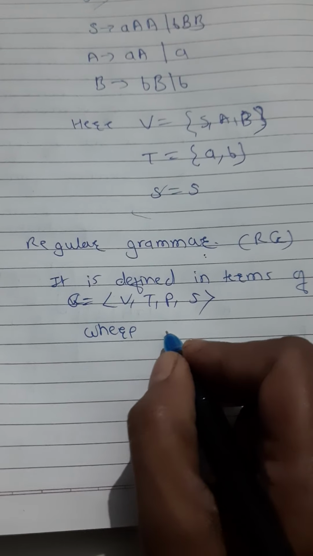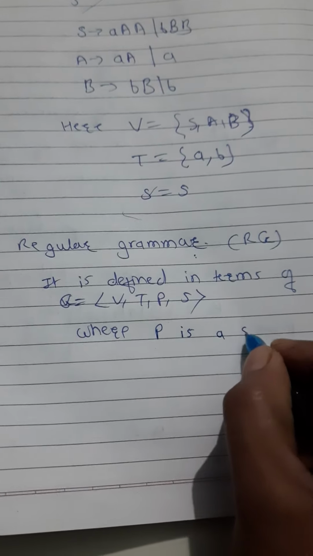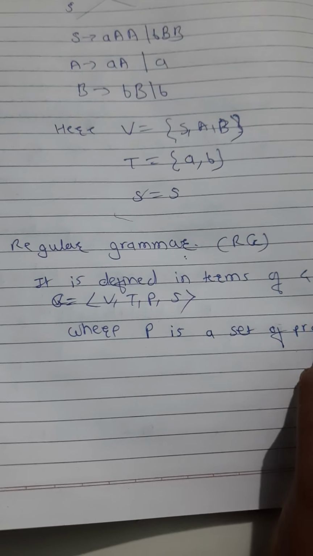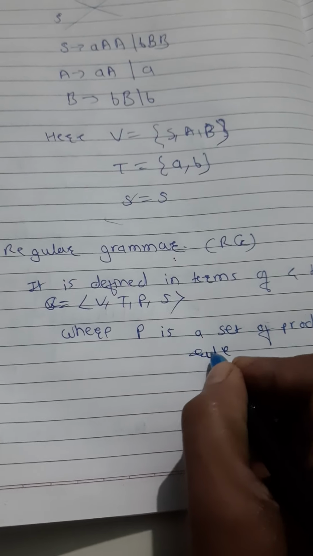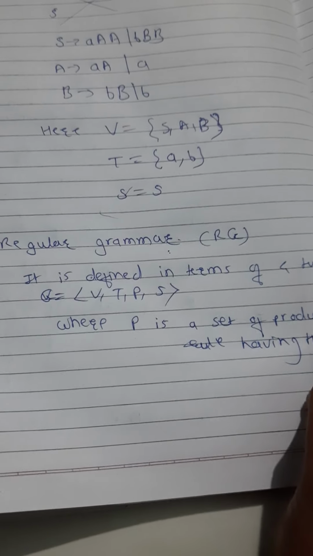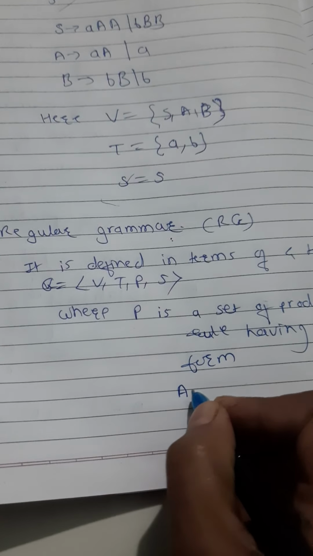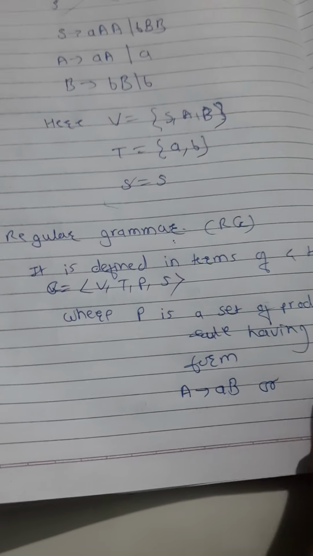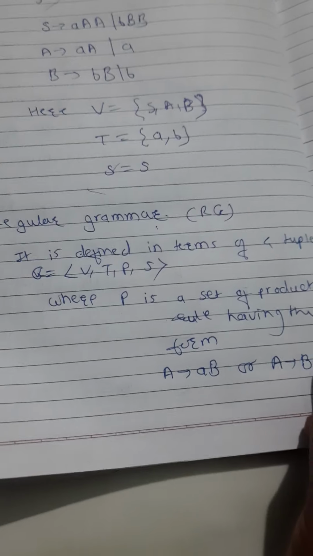But here P is a set of production rules having the form capital A gives small a capital B, or capital A gives capital B small a.